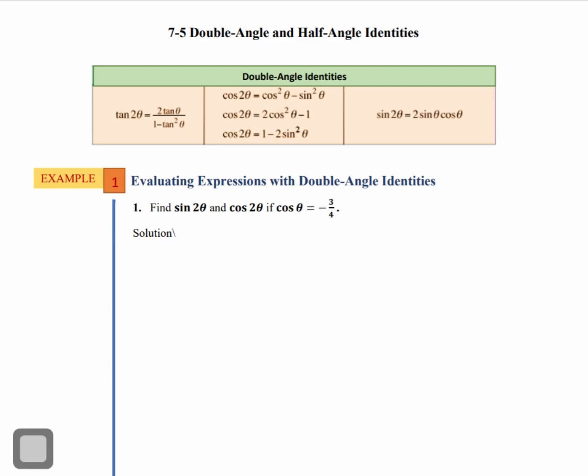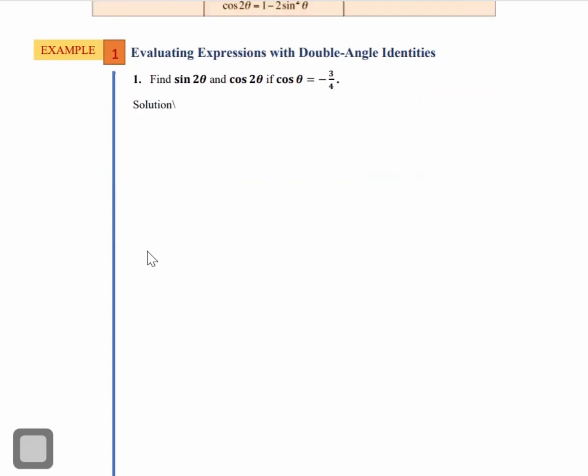But for this lesson, I'm going to use a different way, where we don't need to memorize these rules. For example 1, it says find sine 2 theta and cosine 2 theta if cosine theta equals negative 3 over 4. This is given, and we are going to solve it with a calculator.